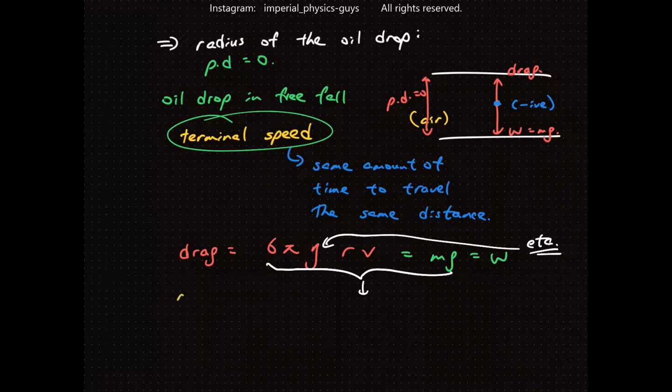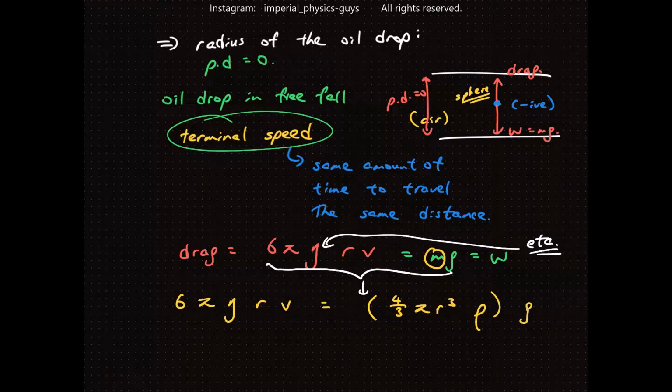So I'll keep everything on the left the same, and I'm going to replace the mass of an oil drop with the volume multiplied by the density. The volume of this oil drop, we assume that this is a perfect sphere. So this is the ideal case. So for an ideal sphere we have 4 over 3 pi r cubed of volume, and we multiply that by the density, which is rho, and therefore we have this expression here.